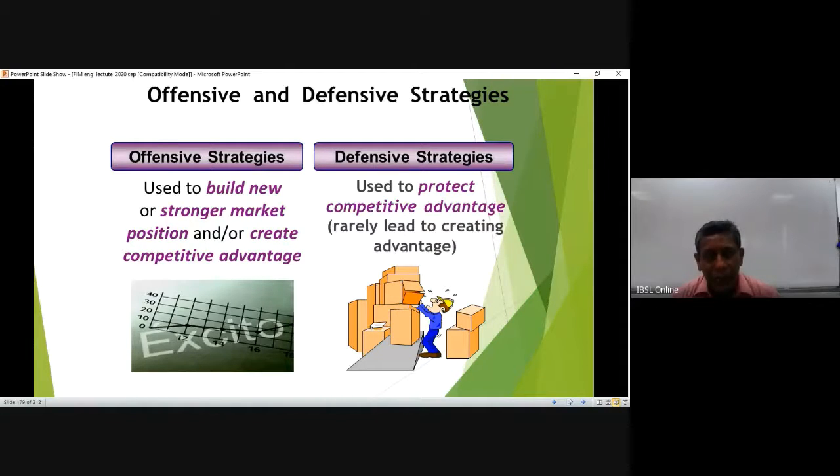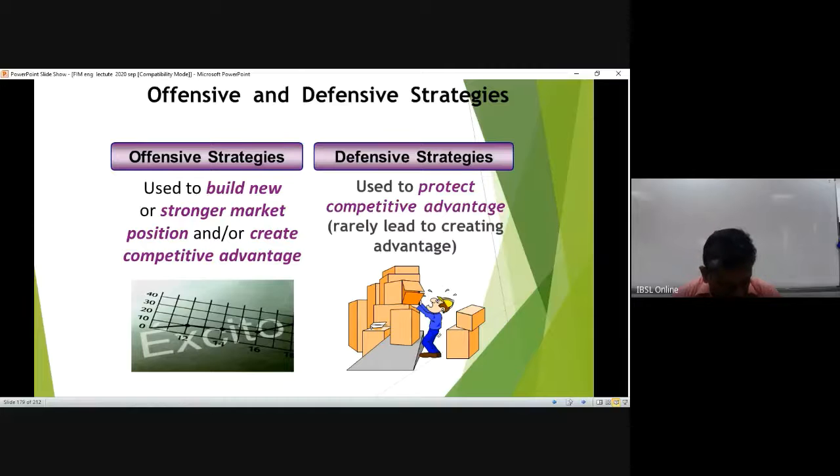But when you go for offensive strategies, you come up with new and innovative ideas and try to compete with competitors, while in the defensive you just protect from competition.